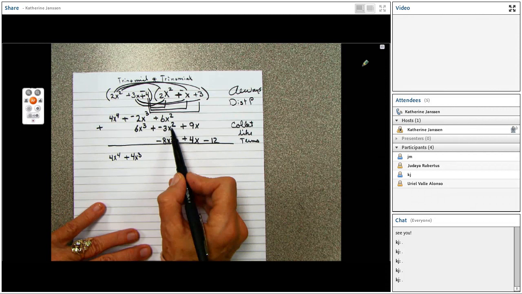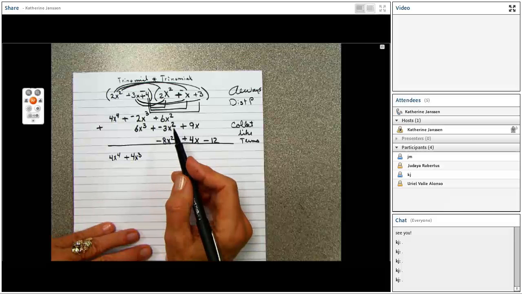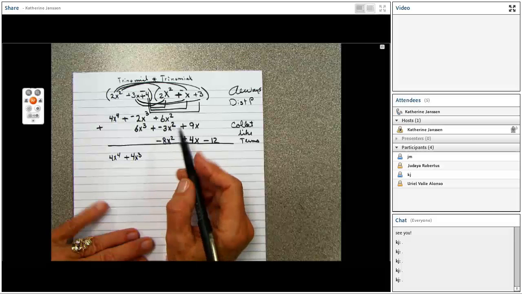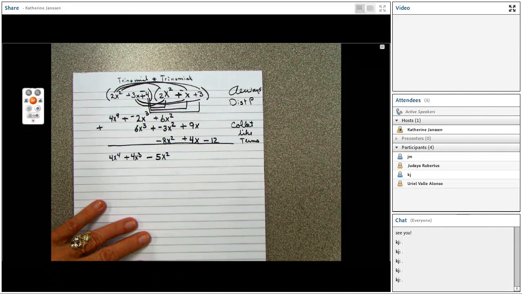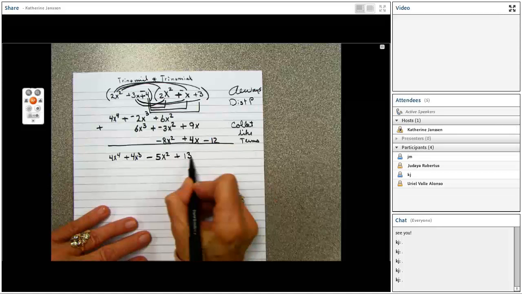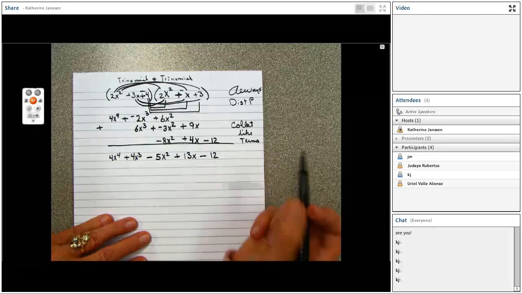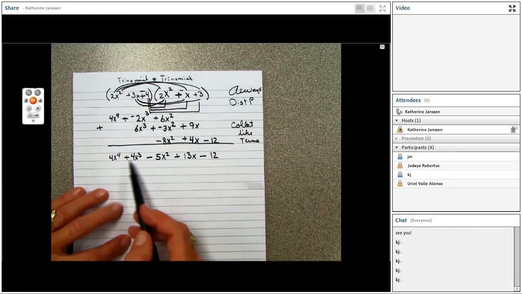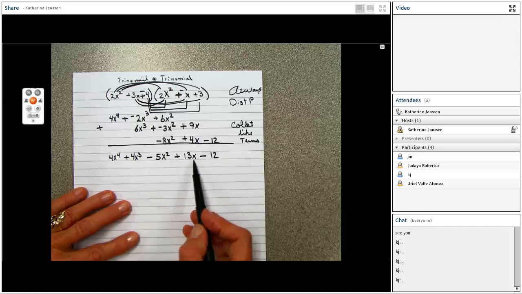Here's a negative 11x squared plus 6, which would be a negative 5x squared. 4x plus 9x is positive 13x. And I have just the constant, I'm going to subtract 12. 4x to the 4th plus 4x cubed minus 5x squared plus 13x minus 12.